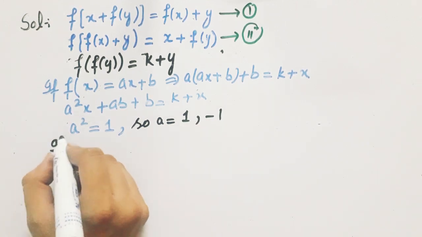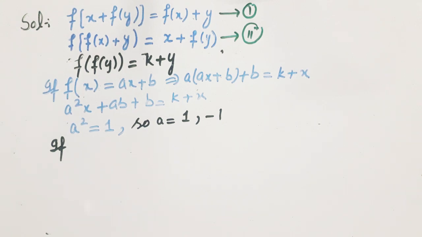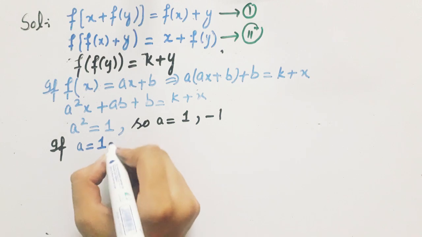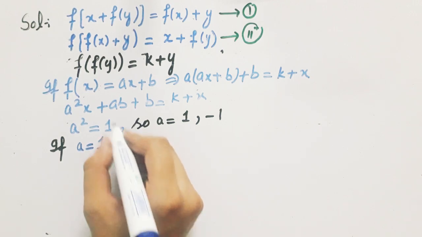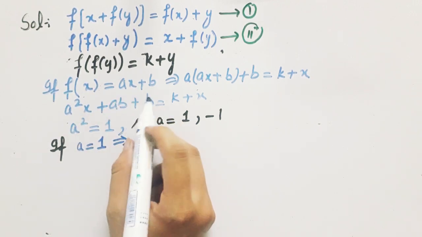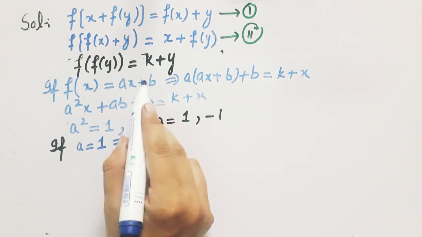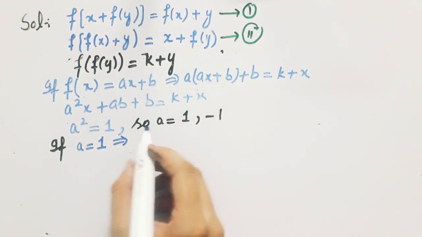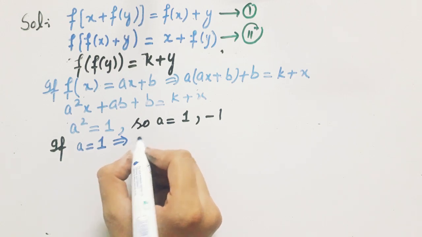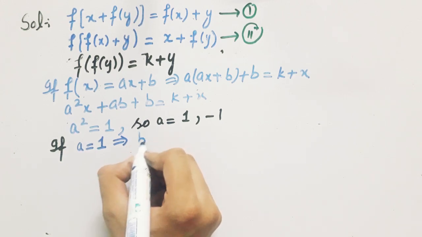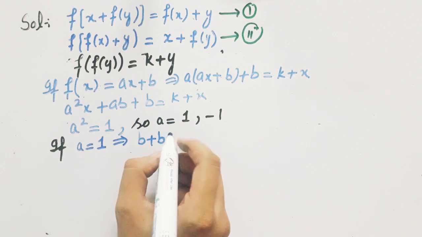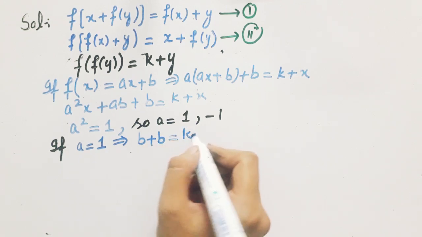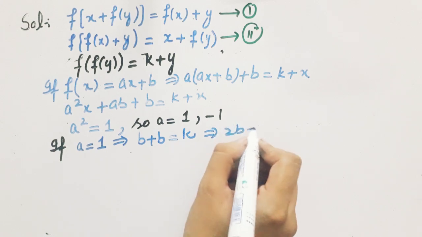So if we say that a is equal to 1, then 1 plus b will give you b plus b is equal to k, which implies 2b is equal to k.